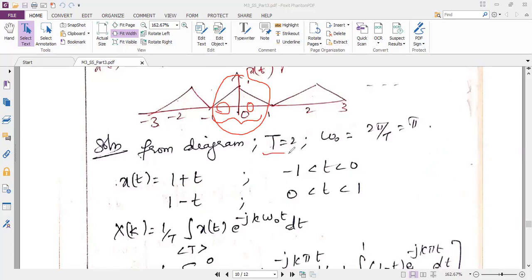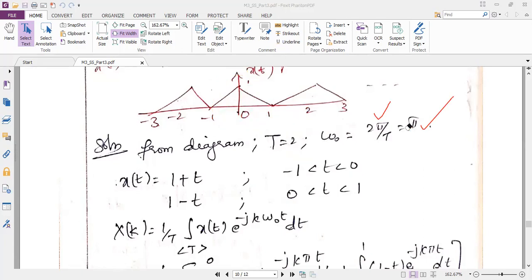That's why T is equal to 2. I know omega naught is equal to 2 pi divided by T, so 2 pi divided by 2, the 2 gets cancelled. Finally, omega naught is equal to pi.